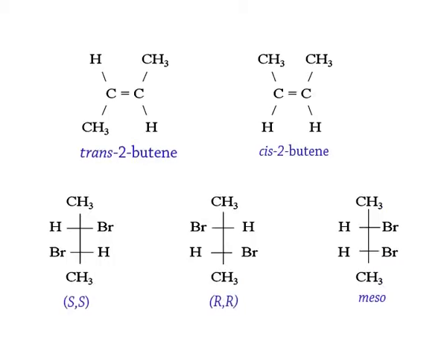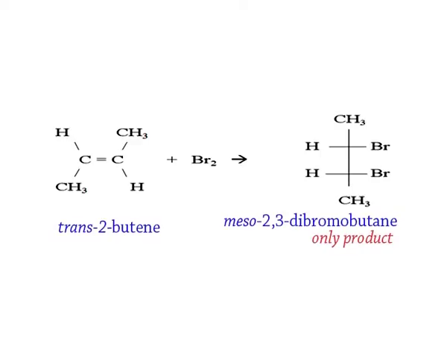In this case, meso product is produced and not the other two diastereomers. Image is shown on your screen. A reaction in which stereochemically different molecules react differently is called a stereospecific reaction. In this case, cis and trans stereoisomers give different products. Image is shown on your screen.